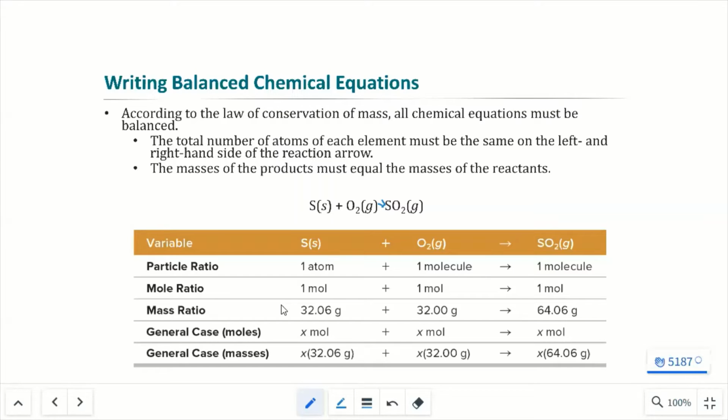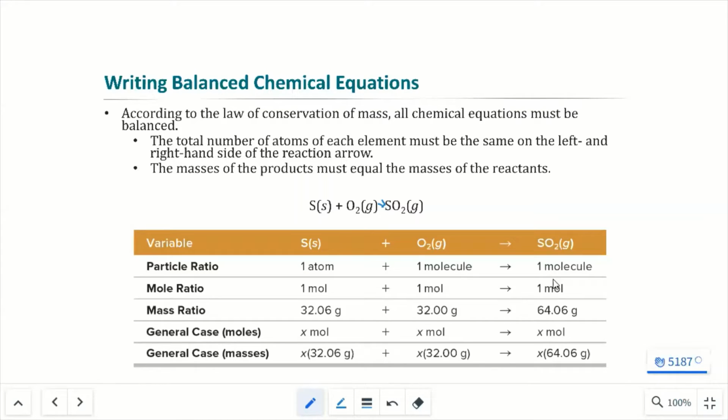From a mass standpoint, I can see that my product equals the sum of my reactants. There's my law of conservation of mass. If I look at it from an atomic standpoint, I have one sulfur atom over here, one sulfur atom in this molecule in the products, two oxygens over here in the reactant, two in this product compound. So everything is conserved on both sides. That's where a balanced chemical equation becomes important.